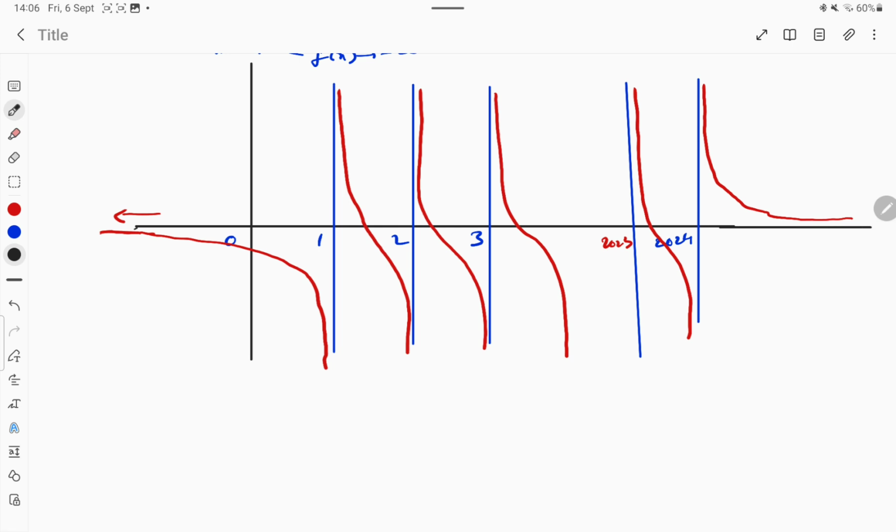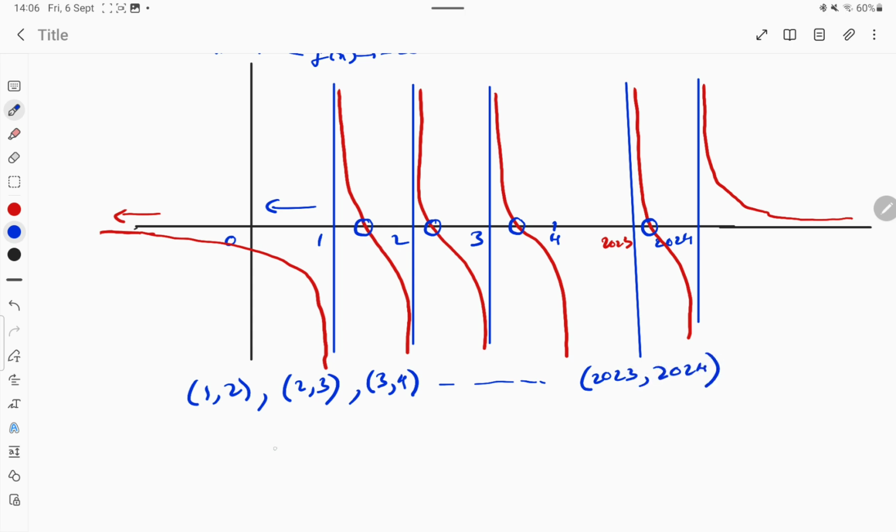Now if you observe carefully, what are the solutions of this equation? There are no roots less than 1. The first root is between 1 and 2, the second root is between 2 and 3, the third root is between 3 and 4, and like that the last root will be between 2023 and 2024.